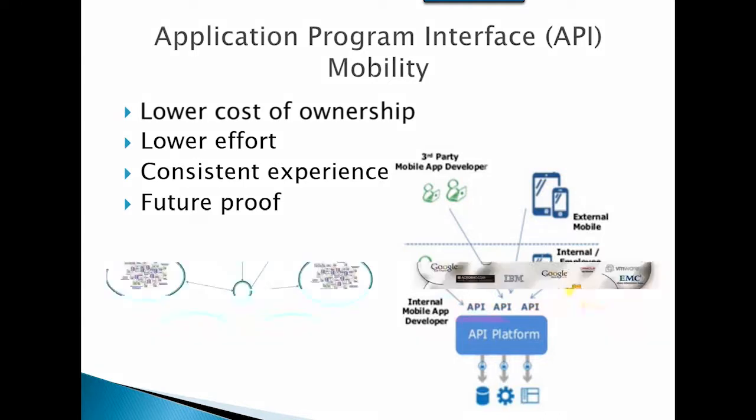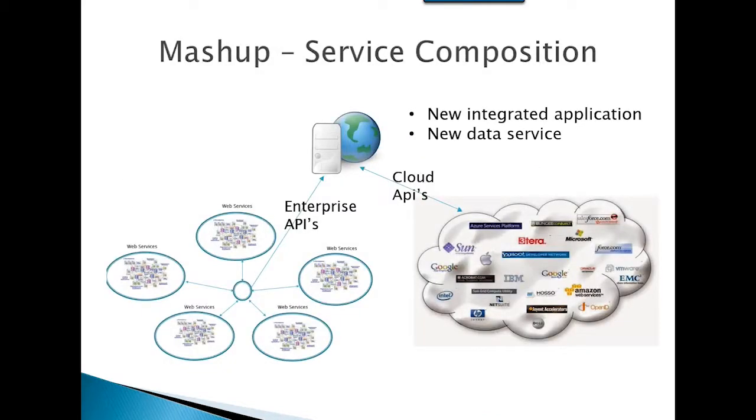Next slide, please. So another opportunity that you have is to integrate those enterprise APIs with either other enterprise APIs or with cloud APIs. There's a huge market in cloud services today.